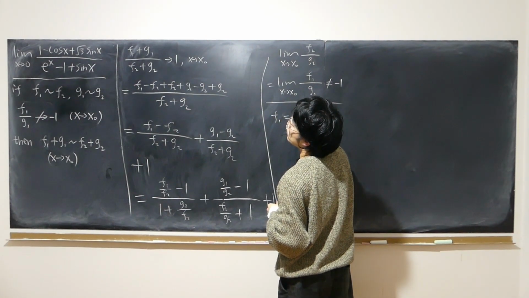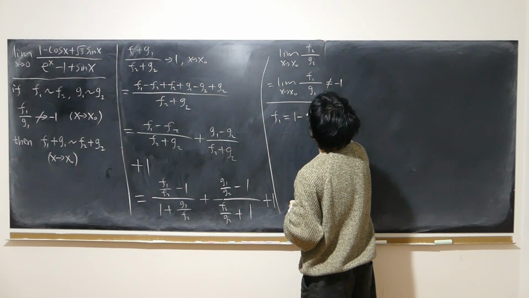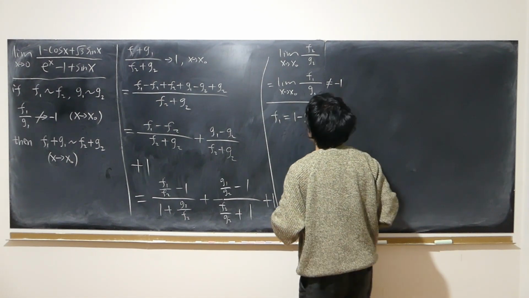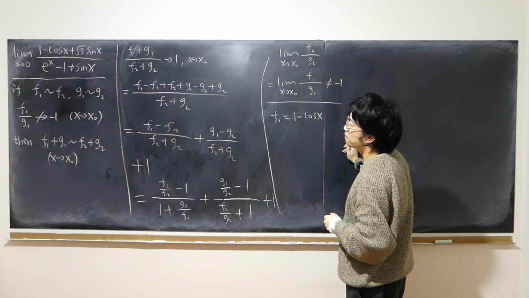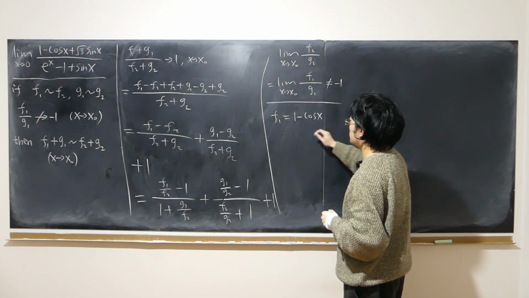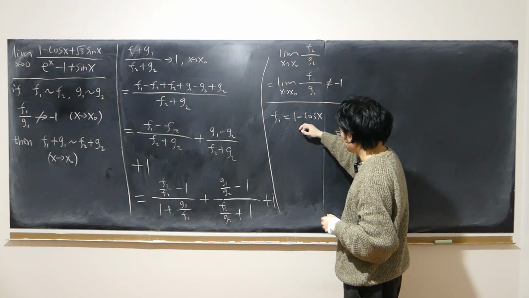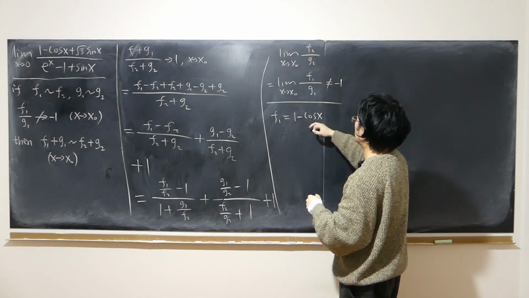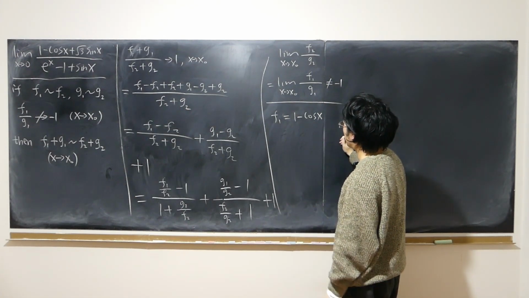For f1, let me just use 1 minus cosine x. And what's f2? What kind of function is equivalent to this during the limit process as x approaches 0?